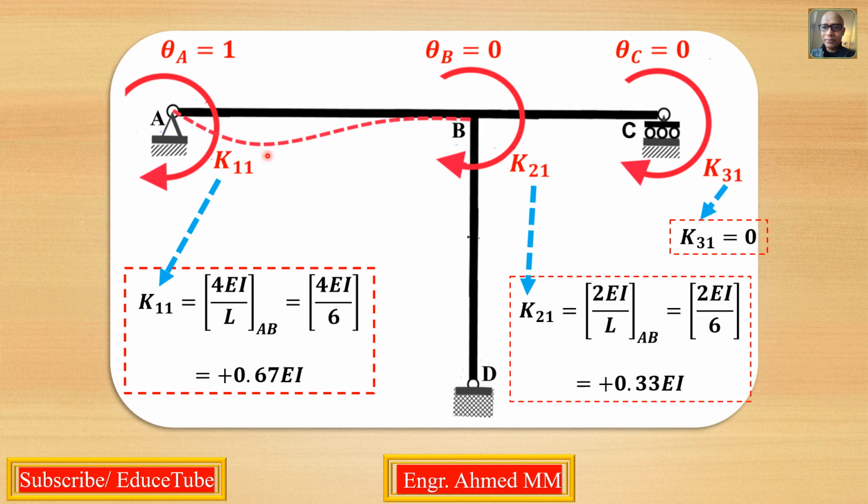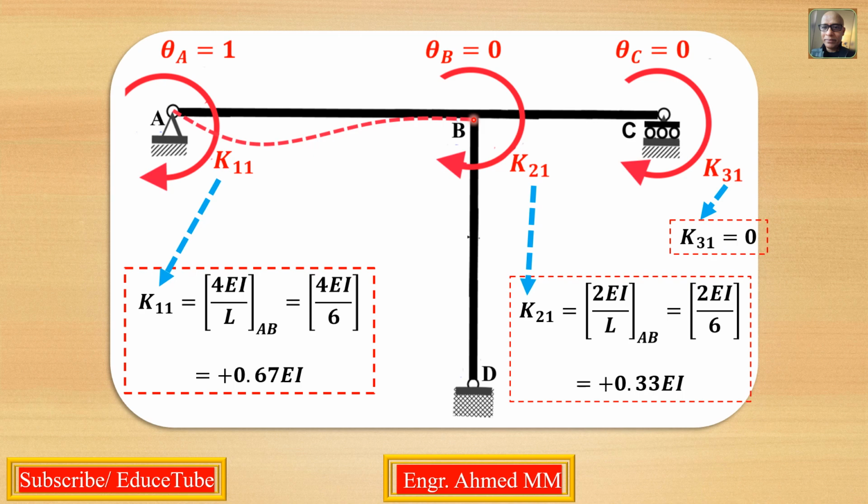Another important thing I want to mention here is that as we applied rotation at node 1, so again we wrote 1, it means what is the impact on 1. That is why it is K11. Here, due to this rotation at 1, what is the impact at 2?